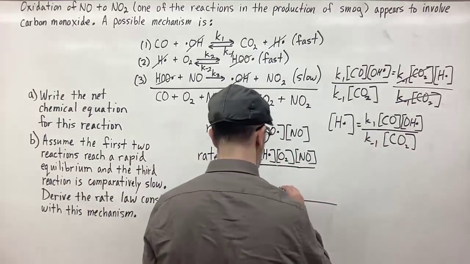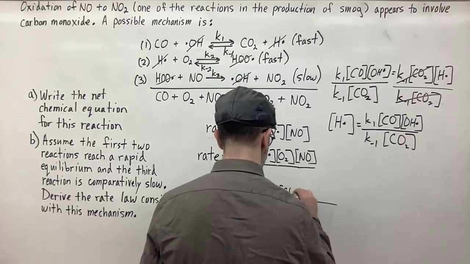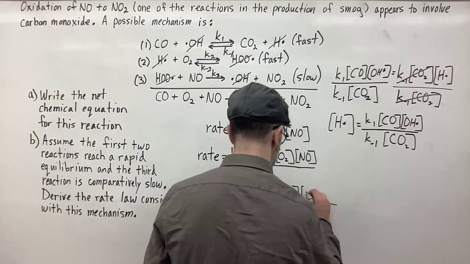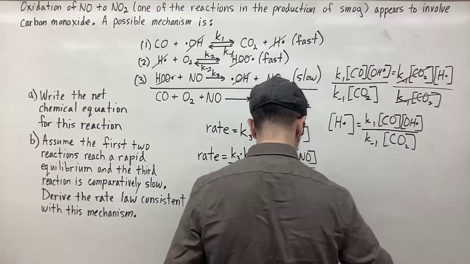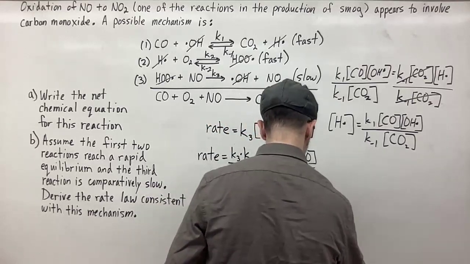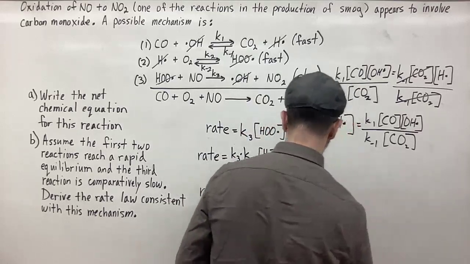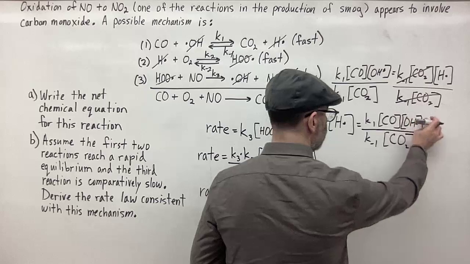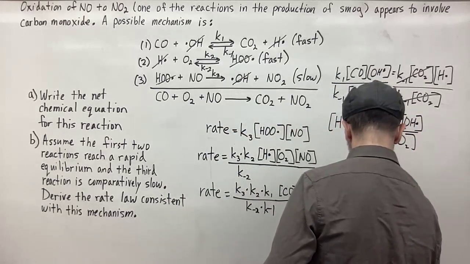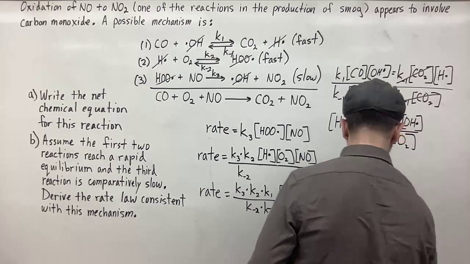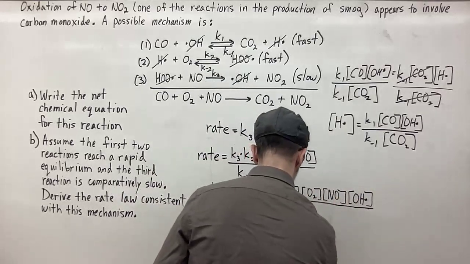So this will be the concentration of CO times the concentration of O2 times the concentration of NO on the top, plus we have the OH, we can't forget that. I meant OH radical. So we have the OH radical there, and then we have CO2 on the bottom.